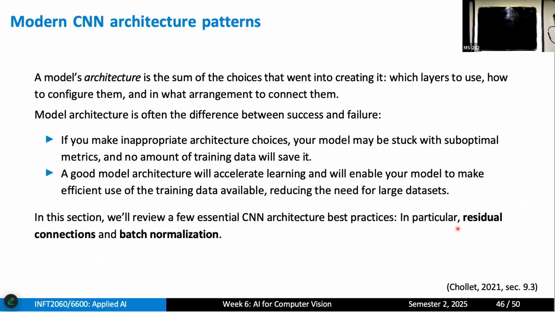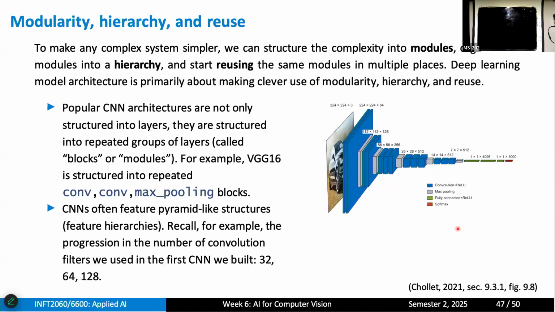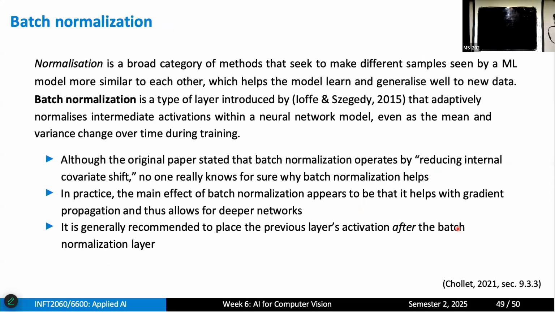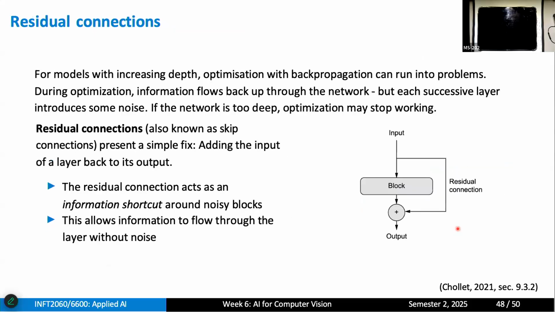Now, modern CNN. I'll just give you a look, I don't have time actually. Oh, okay, just these 2 things. Residual connections represent just adding the input of a layer back to its output. So it acts as an information shortcut around the noisy blocks.